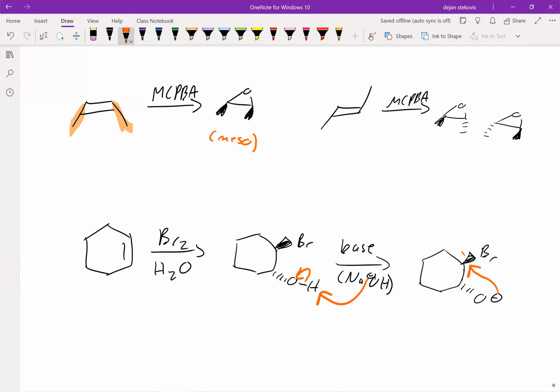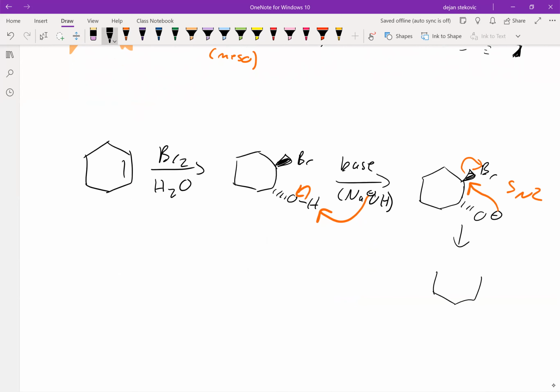So this oxygen can attack this carbon and then kick off the bromine to form our epoxide. Of course, you'd get both enantiomers because over here you'd get both enantiomers, and then that would result in the final product. This is a meso compound, so in this case, there's really only one product.